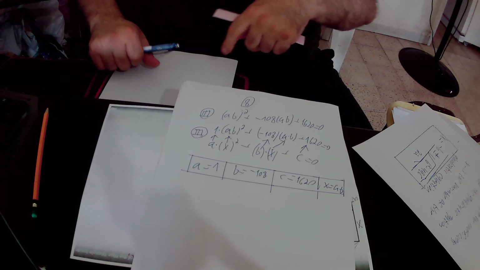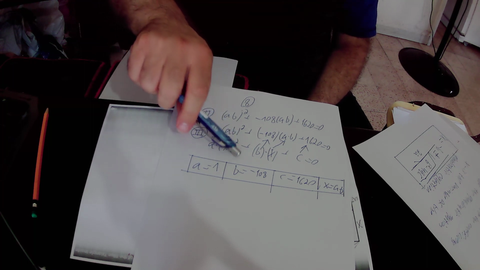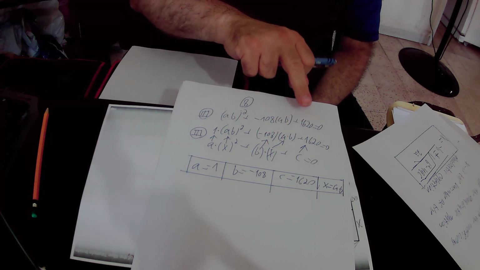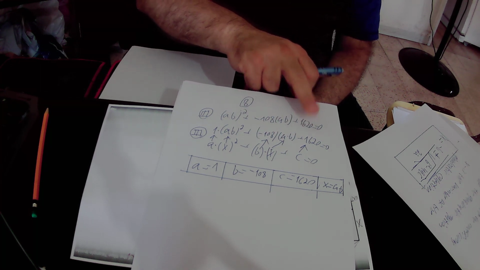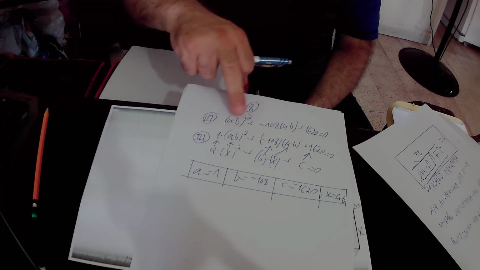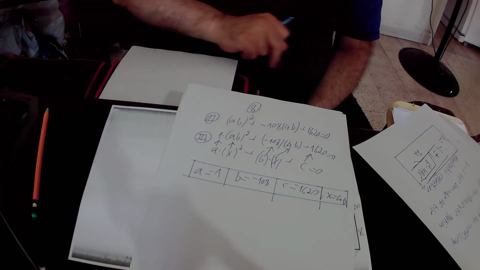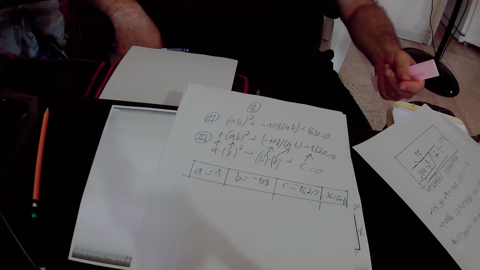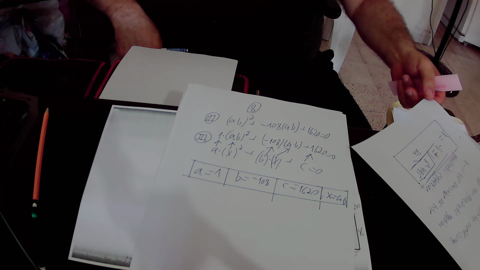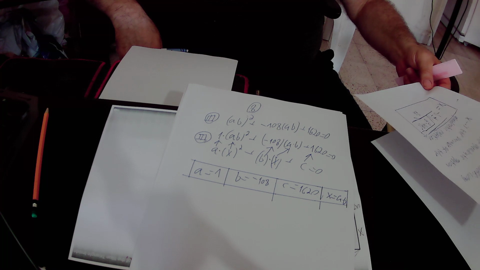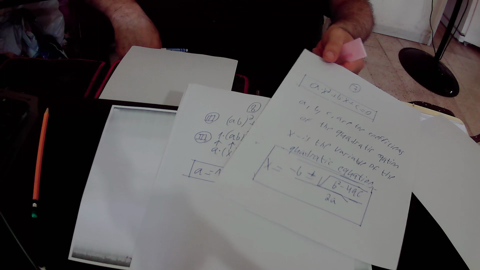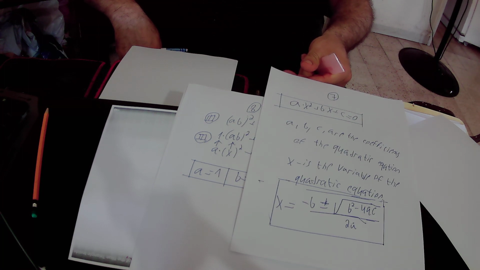As you can see here, a equals 1, b equals negative 108, c equals 1620, and x equals AB. Now we will implement the equation for x in order to find the value or values of AB.